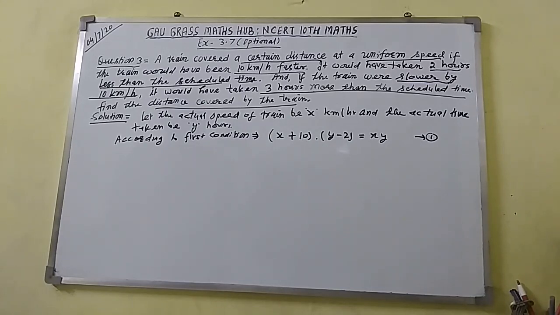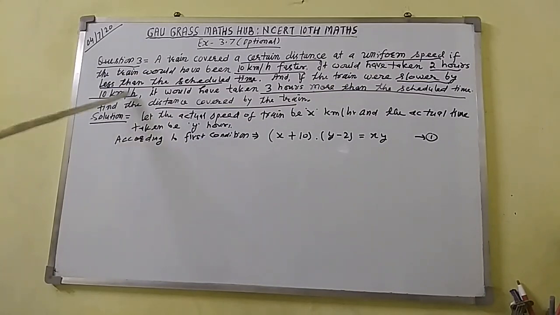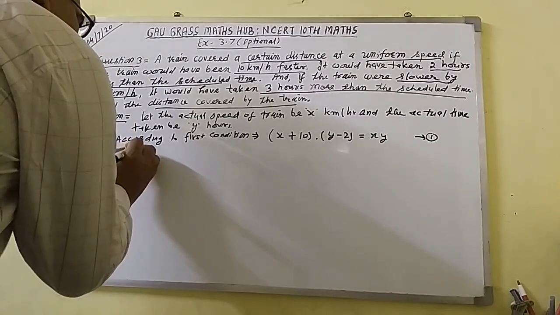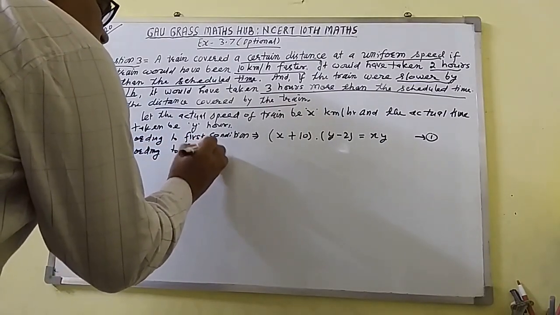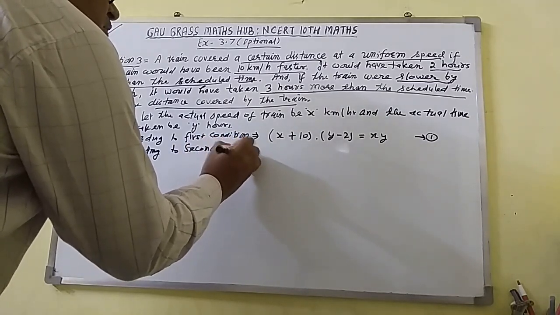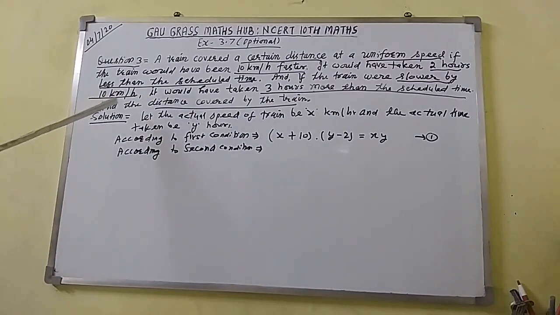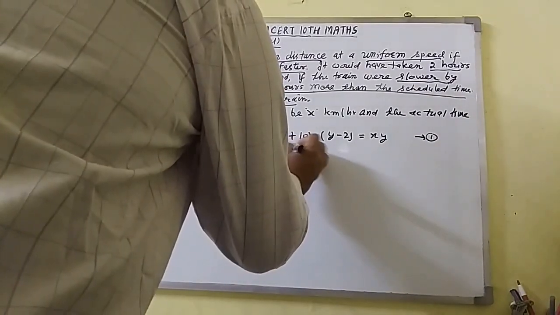Now come to the next sentence. It says, if the train were slower by 10 km per hour, according to the second condition, this means that 10 km slower, x minus 10.